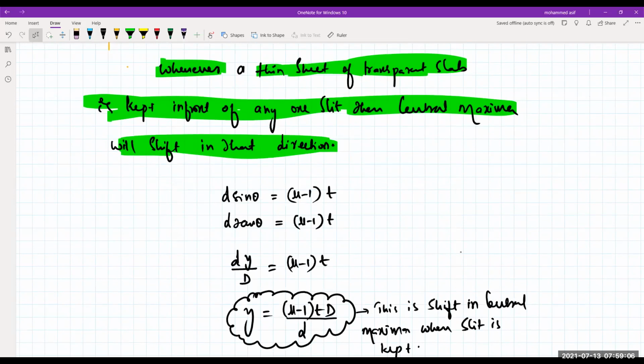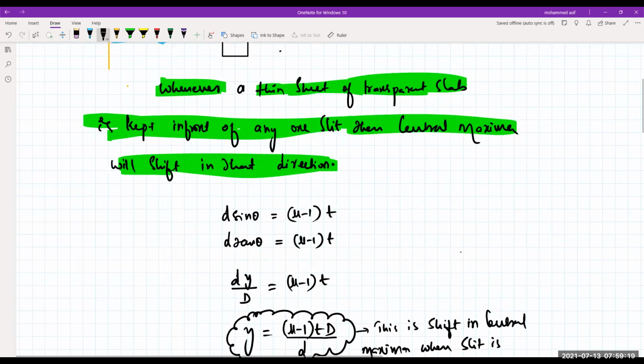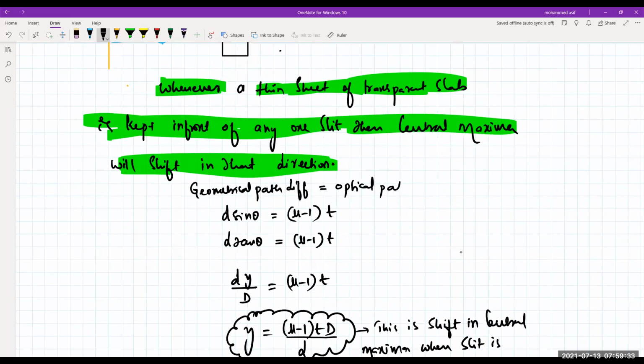Why is it equal? Can you tell me? Because for the central maxima, the geometrical path difference must be equal to the optical path difference.